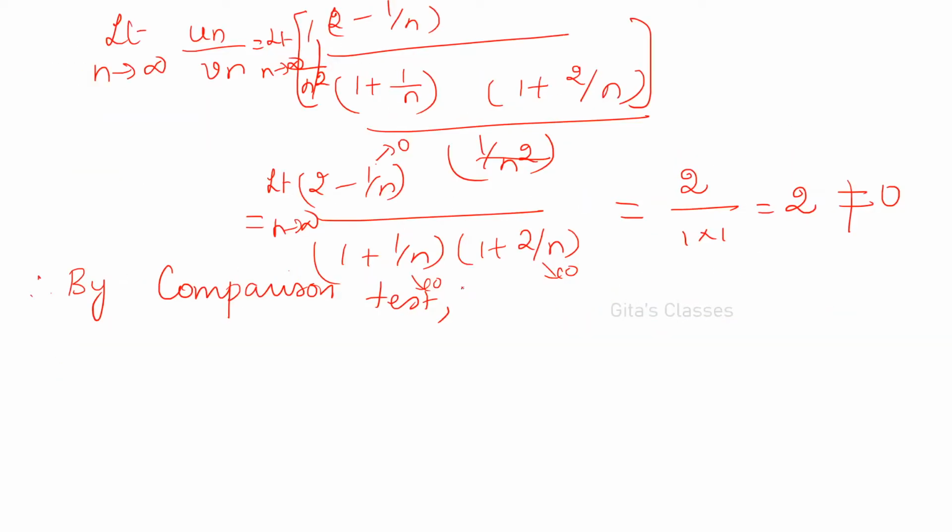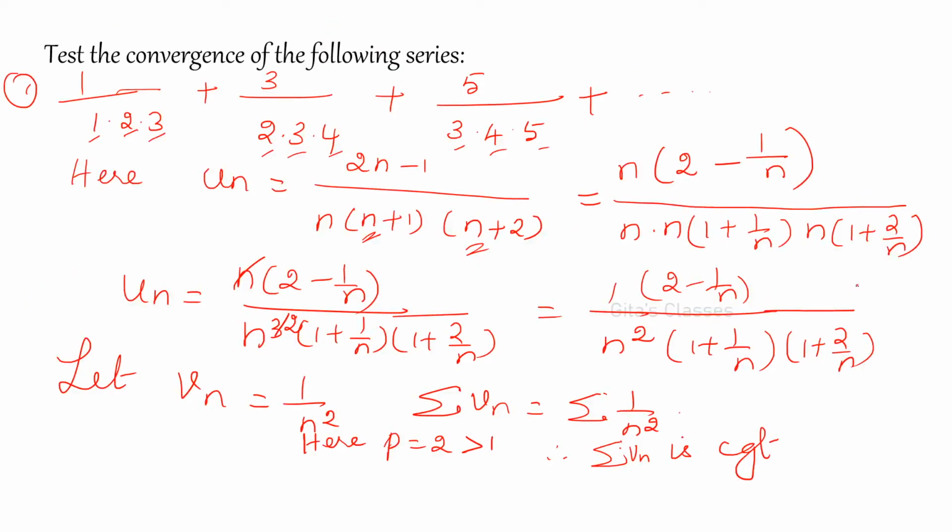It is a convergent series. Therefore, by comparison test, sigma Un is also convergent. You are asked to find out the nature of the series. This is our sigma Un. The given series is to be considered as sigma Un always. In that, Un is the nth term. Right. This is our series, sigma Un.